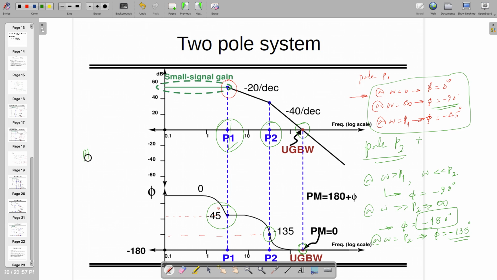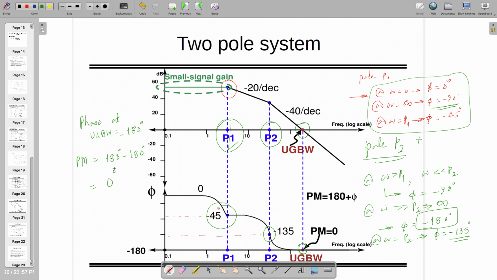So phase at UGBW is equal to minus 180 degree, and if I want to find out the phase margin, then I have to just add same thing with 180 degree. So I'm going to have phase margin of 0 degree. So 0 degree is not good, because we agree that phase margin has to be more than 45 degree just to have the stable system. So this system is unstable, right?